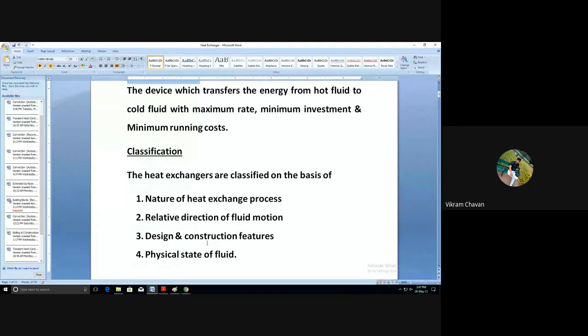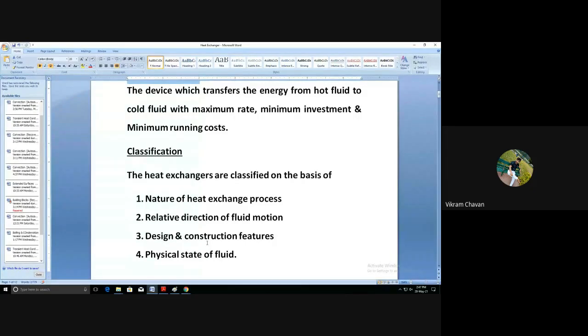One heat exchanger can come under nature, and the same can come under design also, and the same can come under physical state also. Those are the possibilities, but we try to segregate the types of heat exchanger into these four categories.